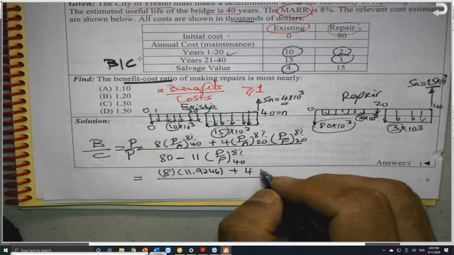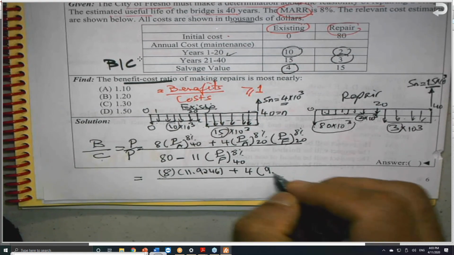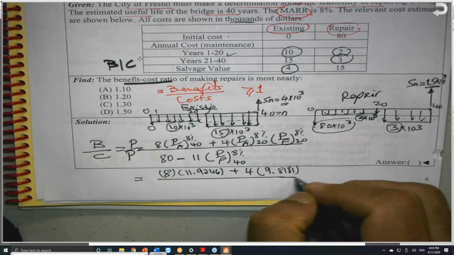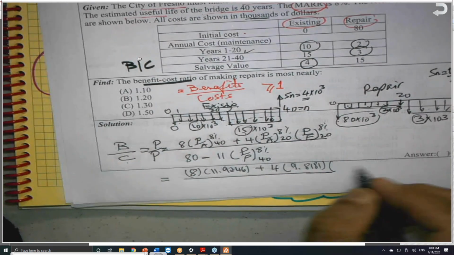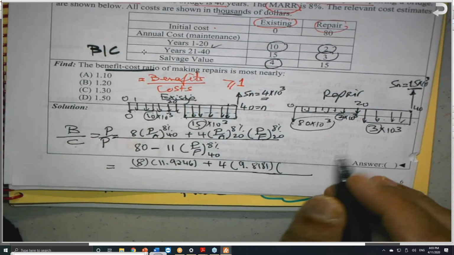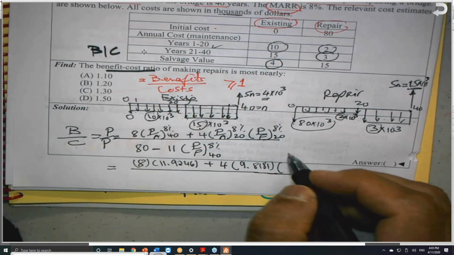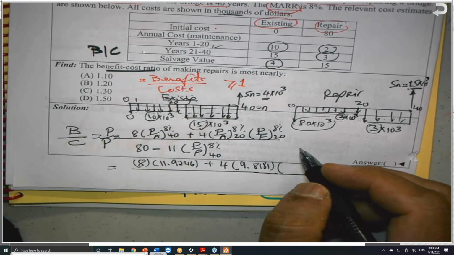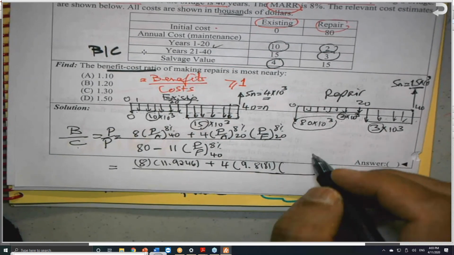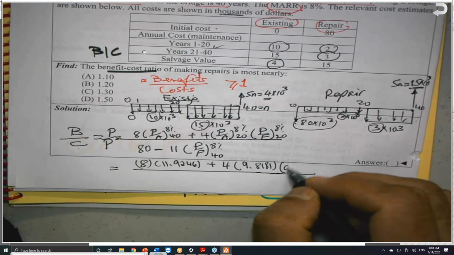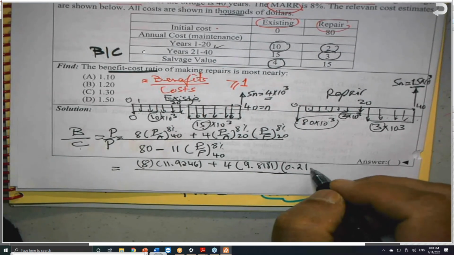So this is 9.8181, and I'm going to multiply it by P over F for 20 years. Make sure that I'm copying this correctly, hopefully. 0.2145.